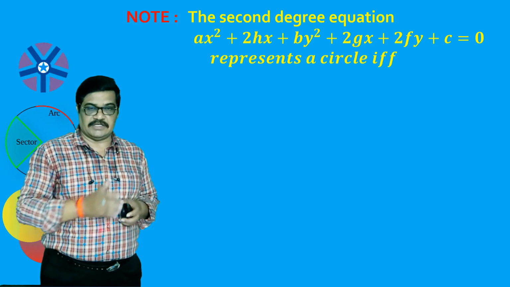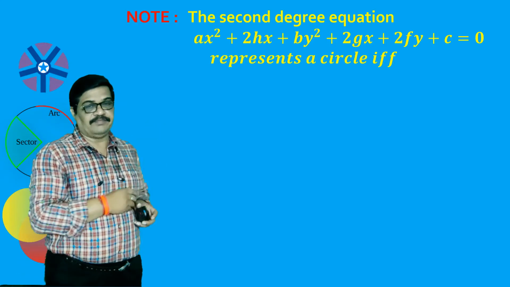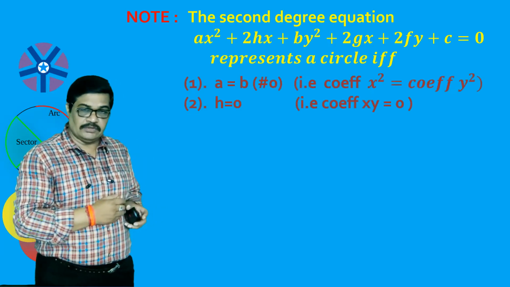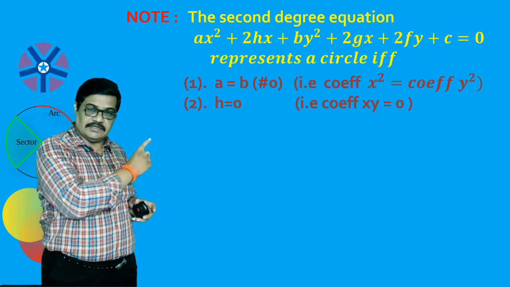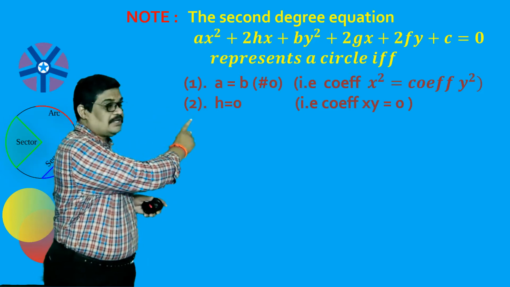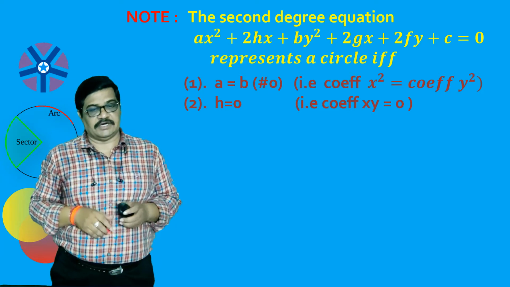What are the conditions? The first condition is a is equal to b, where a and b are not equal to 0. If a is equal to b, that means the coefficient of x square is equal to the coefficient of y square.